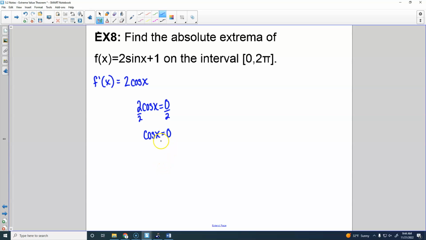And then if we're thinking about our unit circle, cosine is our x value. So where does cosine equal 0? Pi over 2 and 3 pi over 2.